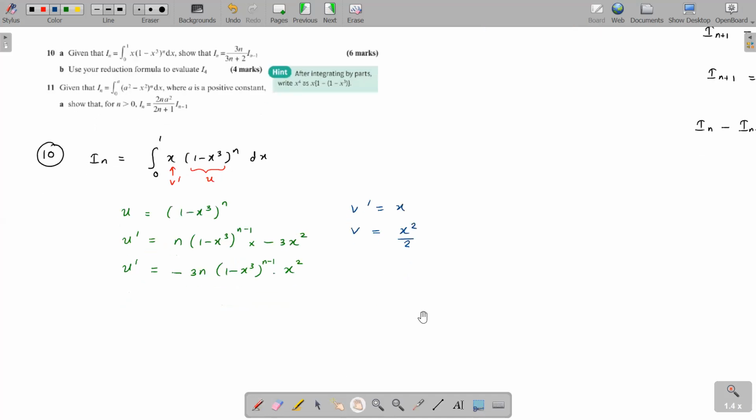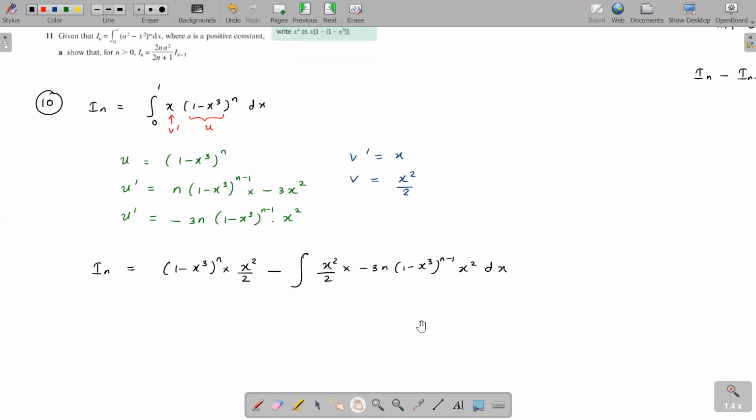Then let's put it into our equation. In equals uv minus integration v u dash. So who is u? u is 1 minus x cubed to the power n, v is x squared over 2, minus integration of v into u dash, which is minus 3n times 1 minus x cubed to the power n minus 1 times x squared. Do you agree with me?